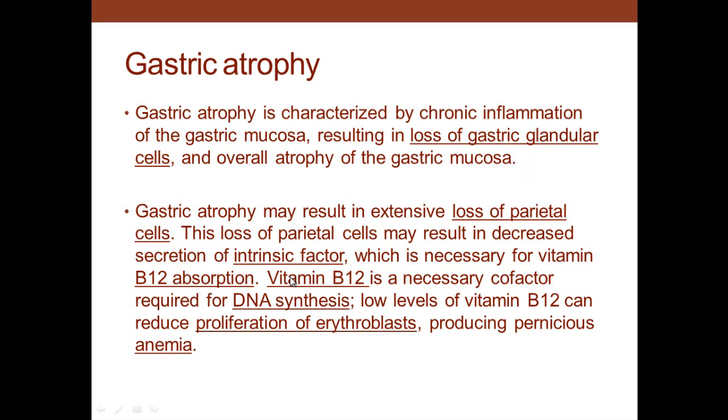Vitamin B12 is a cofactor required for DNA synthesis of the erythroblast. So no intrinsic factor, no vitamin B12 absorption, no stimulation of erythroblast, and you become anemic is what could result from a gastric atrophy to occur.